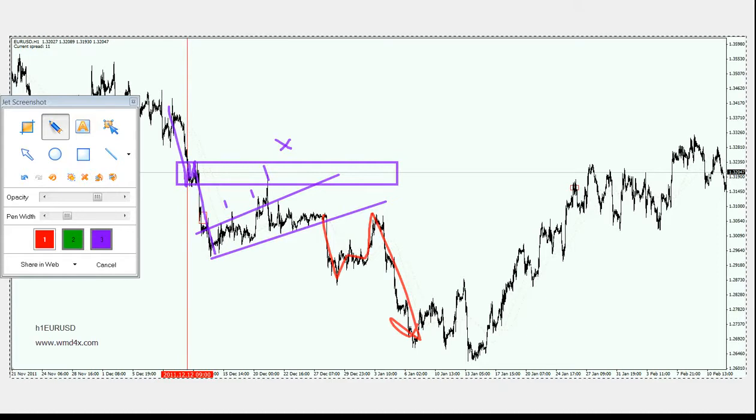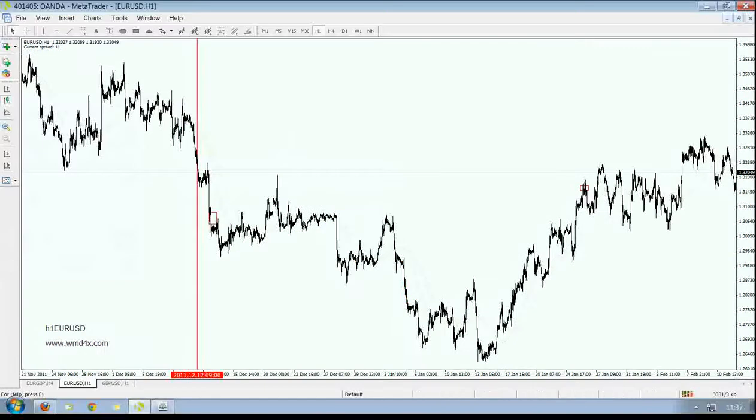All right. Now, what I'm going to do again is I want to take the flag line here, and I just want to extend it. Let's just get it kind of exact here, and I'm going to take a second line as well, just based off of this flag to where the price pulled back.